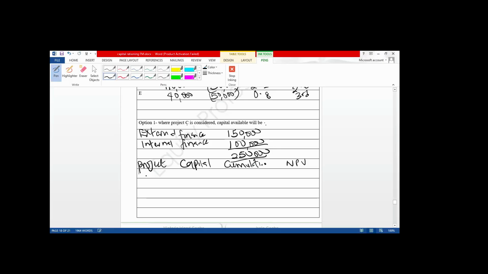We are going to start with project C. No capital required in year 1. Project C will give us capital inflow, NPV negative 20,000.